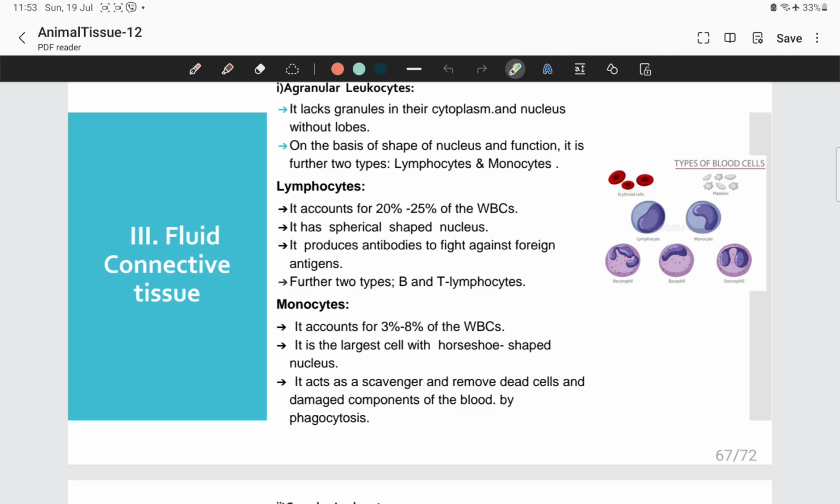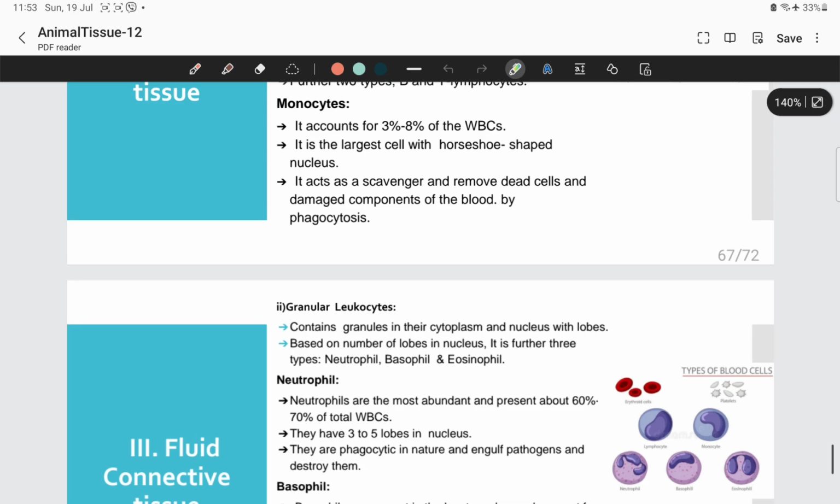And if you look at the nucleus, it is horseshoe shaped. It is bent like a U, so it has a horseshoe shaped nucleus, and its function is to remove dead cells and damaged components of the blood by phagocytosis. That's why its function is scavenger. So it depends upon dead particles of the cell.